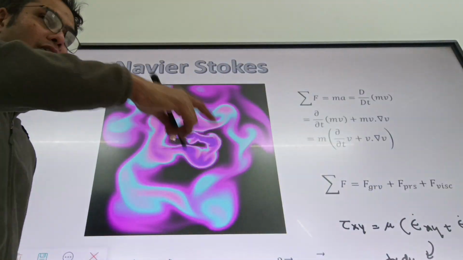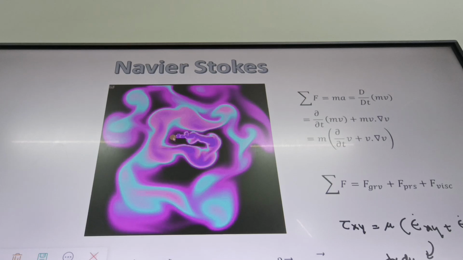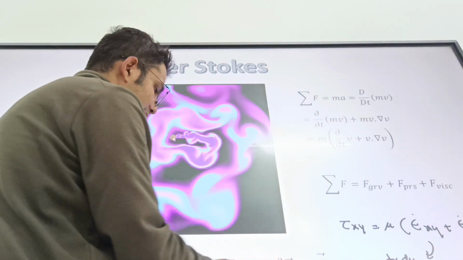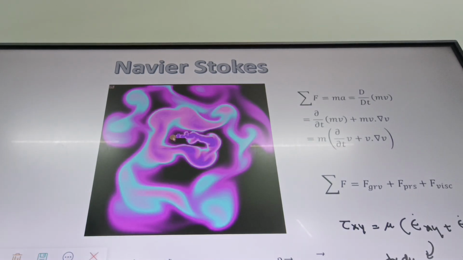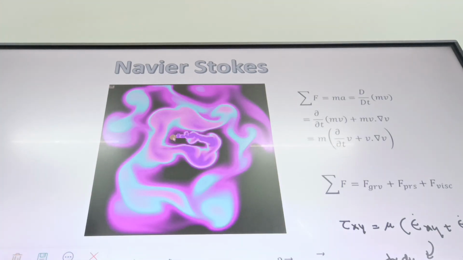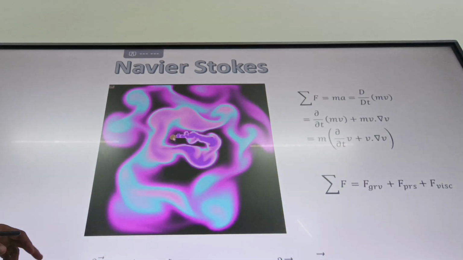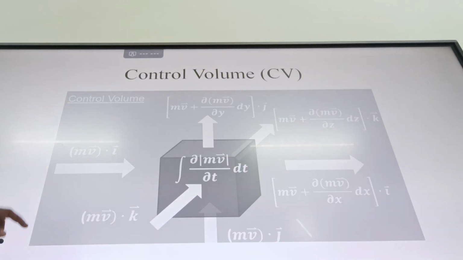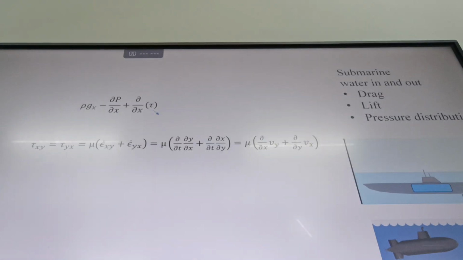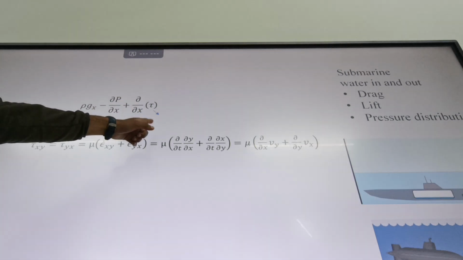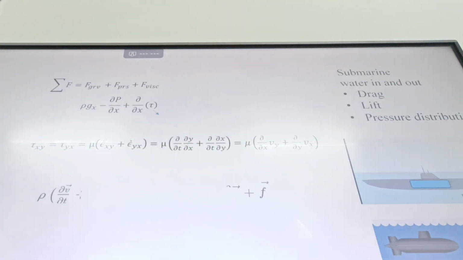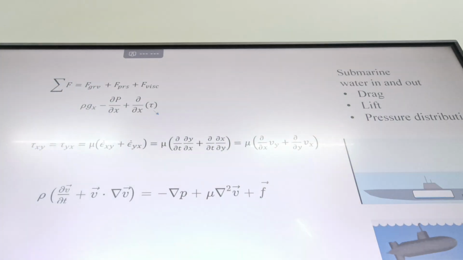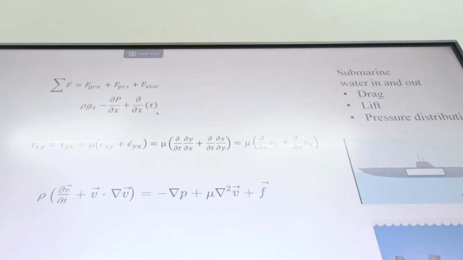So if you add all the taus, you get the value mu sigma square v. Now you differentiate with respect to this, you will get this one. So that's how you get the final value.